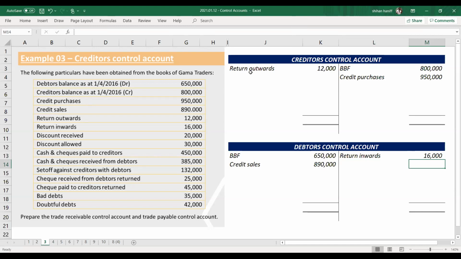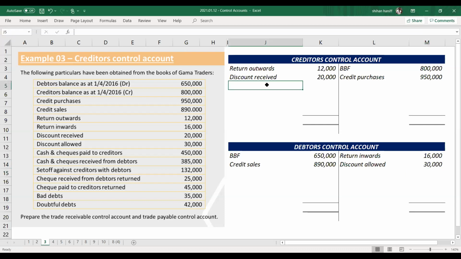Discount received, receiving discount from creditors, is 20,000. Discount allowed is from the debtors, 30,000.